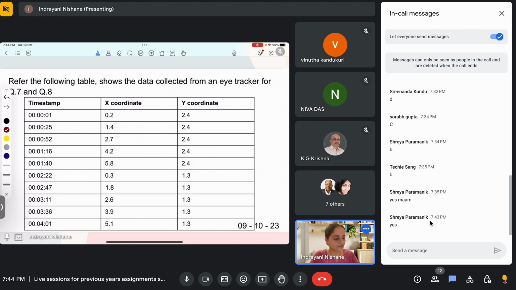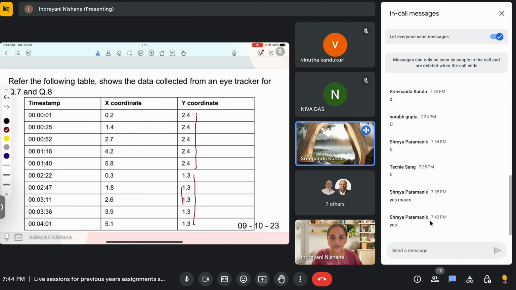You will note that for a set of 5 timestamps the y coordinate is common, and for the next 5 the y coordinate is common, and only the x coordinate is changing. Looks like reading, right? That was a very good conclusion.